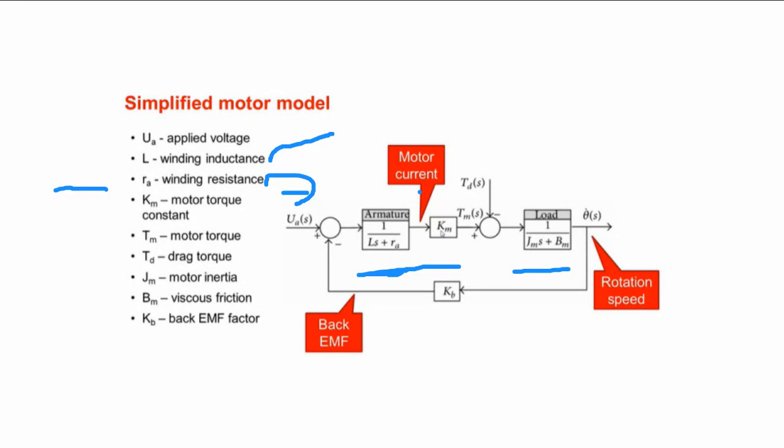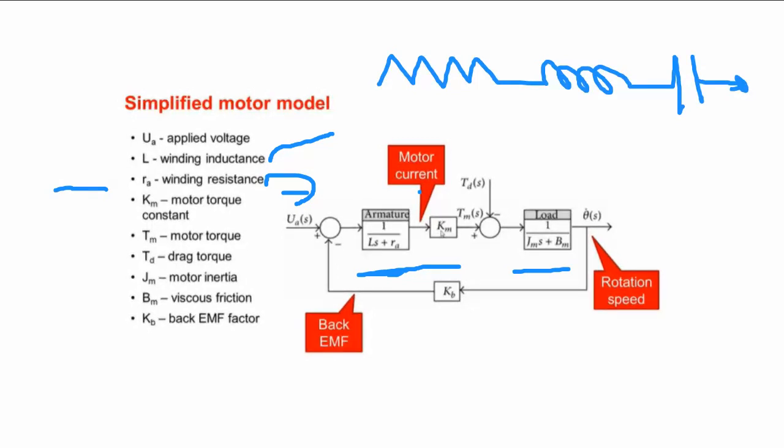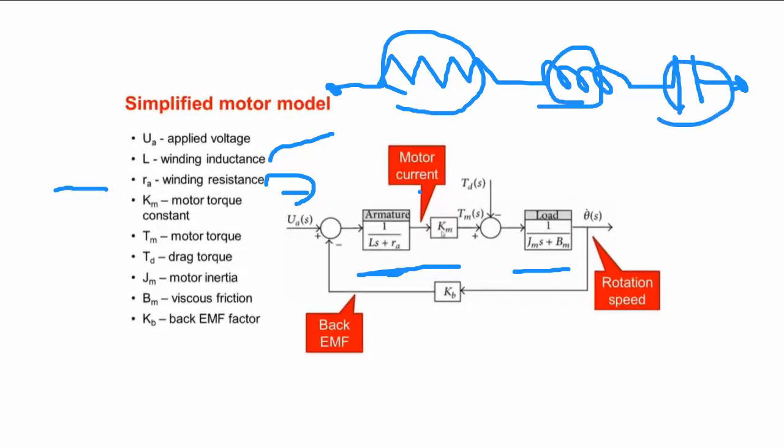In my DC motor model, it is very simple. We have resistance, also inductance, also we have back EMF. This is just a simple DC motor electrical model. This is my resistance, inductance, and back EMF.